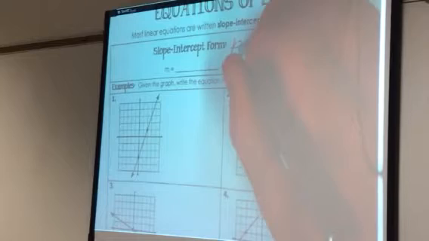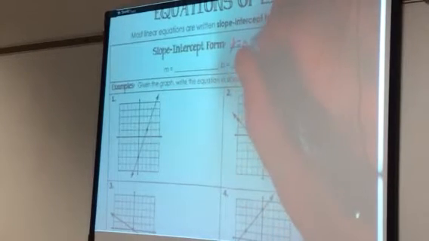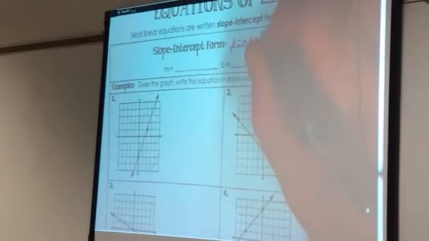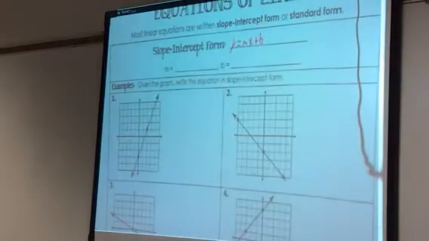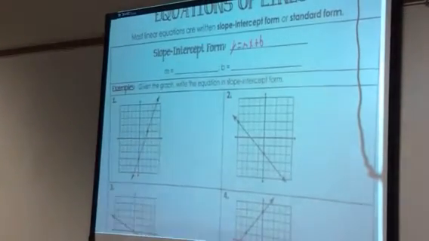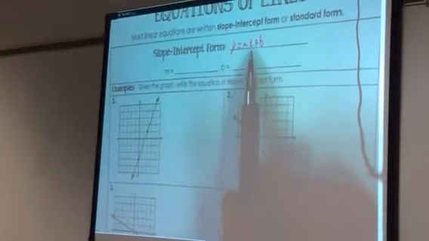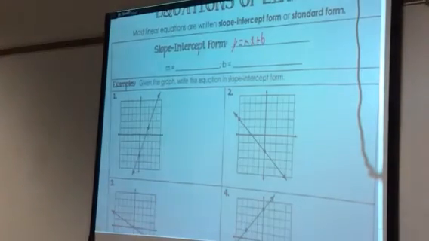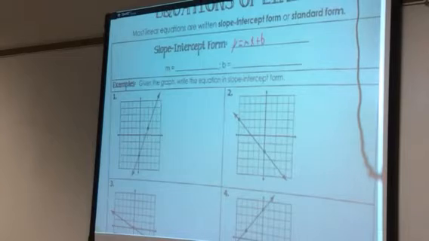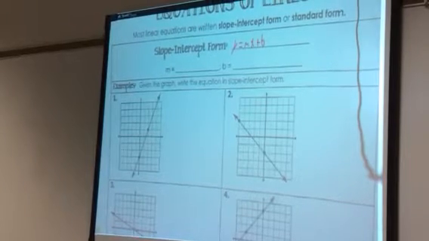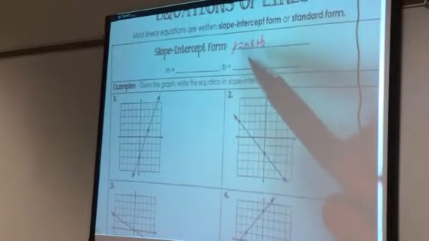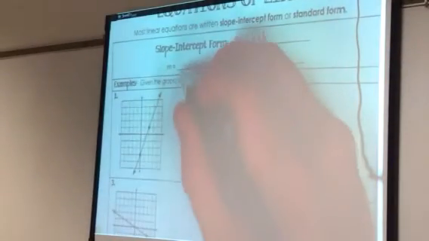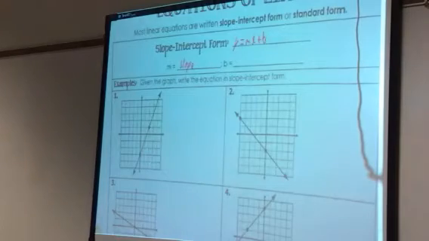You all should remember that that is y equals mx plus b. The y and the x are just your variables. What have we already said that m is in the past week? What does m stand for? The slope, right?